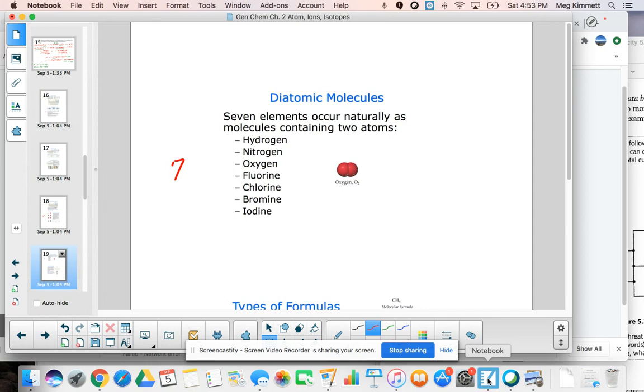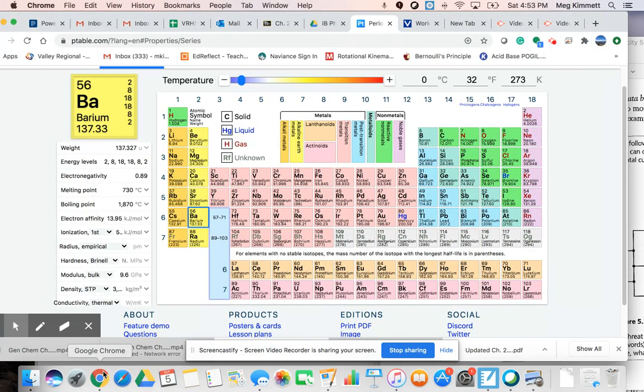So what are the diatomic elements? You need to know what they are. I always tell people to look at this table. The diatomic elements start here at nitrogen and go over. You can form a 7 from nitrogen down to iodine. And that 7 that you form will point out the diatomic elements.